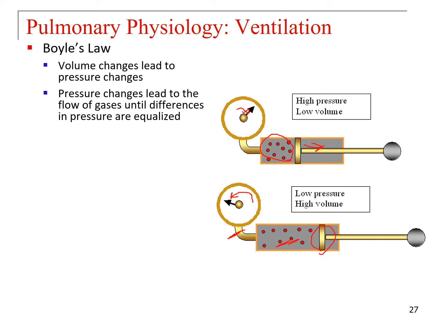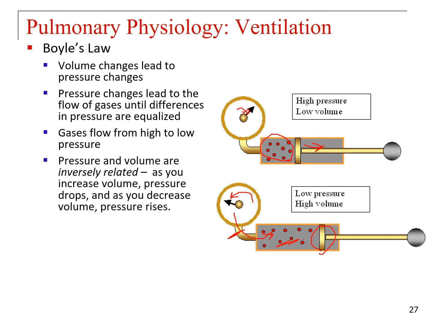If you pull on this plunger suddenly, then you're going to see air come in here. The reason why air comes in is because air flows from an area of higher to lower pressure. So if you increase the volume here by pulling this plunger out, then you're going to decrease the pressure in that chamber and air will come in in order to equalize. So again, gases, like liquids, which you saw in the circulatory system, flow from high to low pressure.